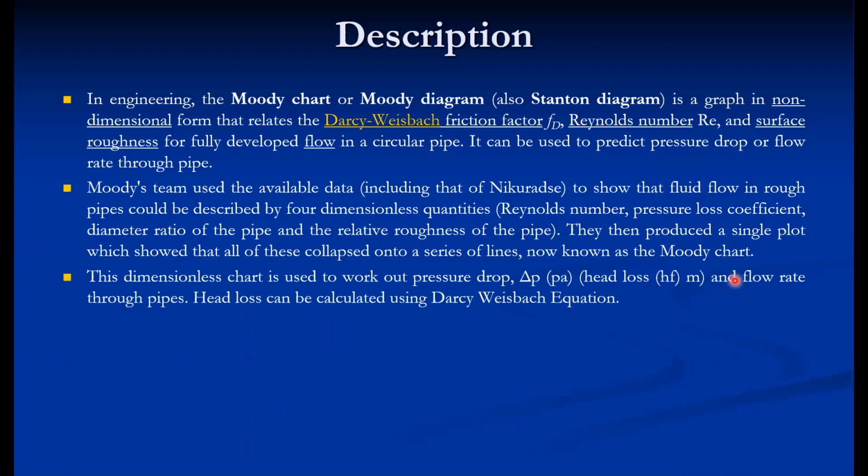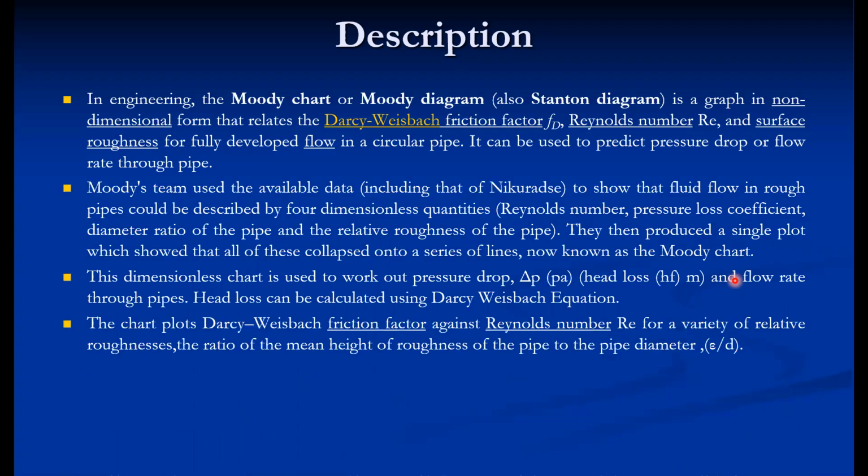So this dimensionless chart is used to work out the pressure drop, head loss, and flow rate of the pipe. Head loss can be calculated by the Darcy-Weisbach equation if we know the friction factor, that is for both laminar and turbulent flow.